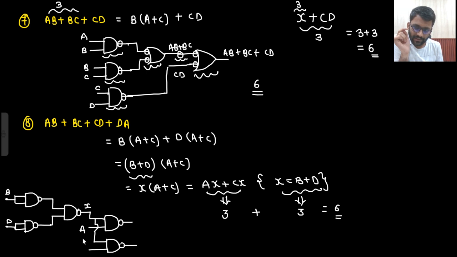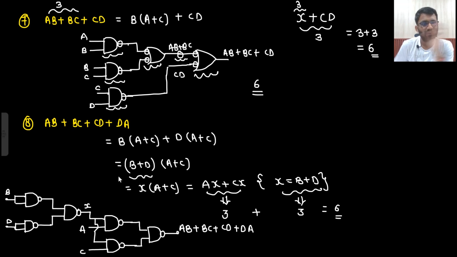This is X, this is A, this is C. So AX plus CX you are having. Then you can simply use an OR gate, or if I use OR gate, then simply inverters I will have to add. So this will be my final answer. So that will be the design.